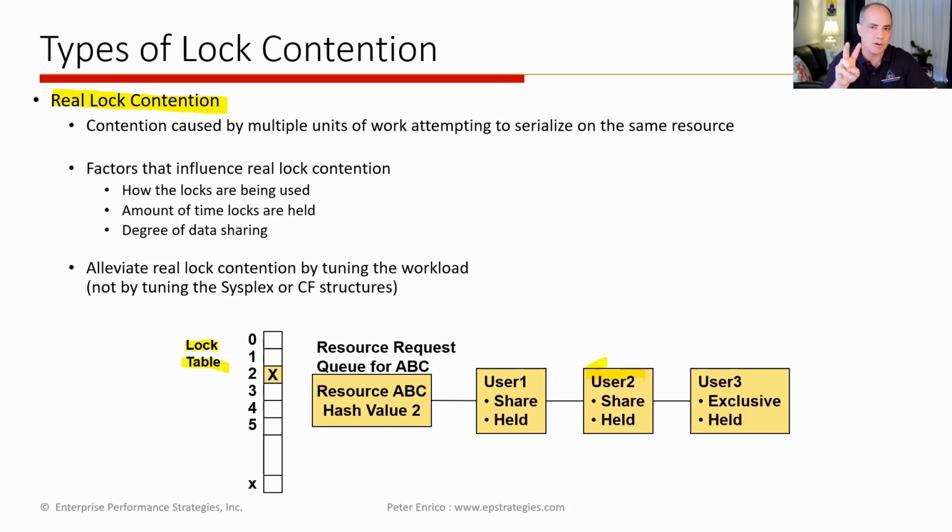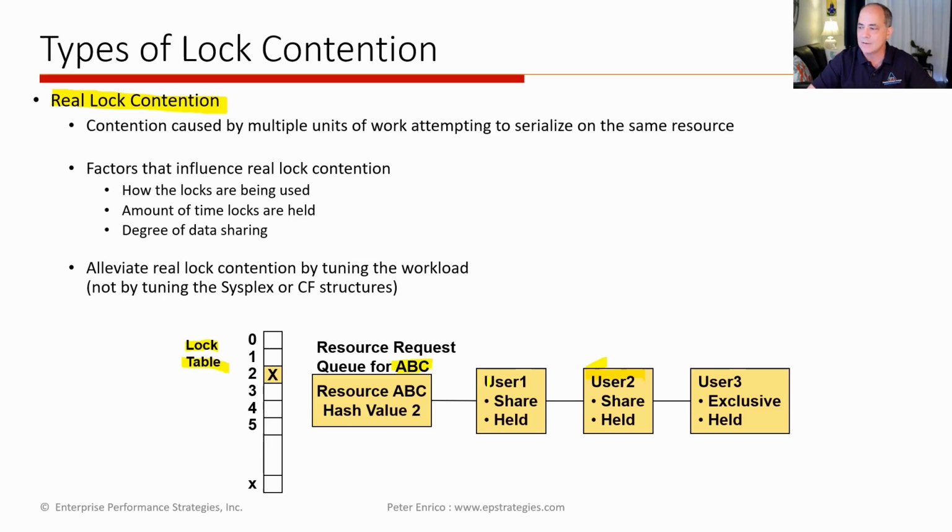The second part of a lock structure has information about the request. It's not the resource itself, but information about the resource and information about the users that want to make the request. For example, let's say I have a resource called ABC. It could be a DB2 buffer pool page or something like that. That's the resource.